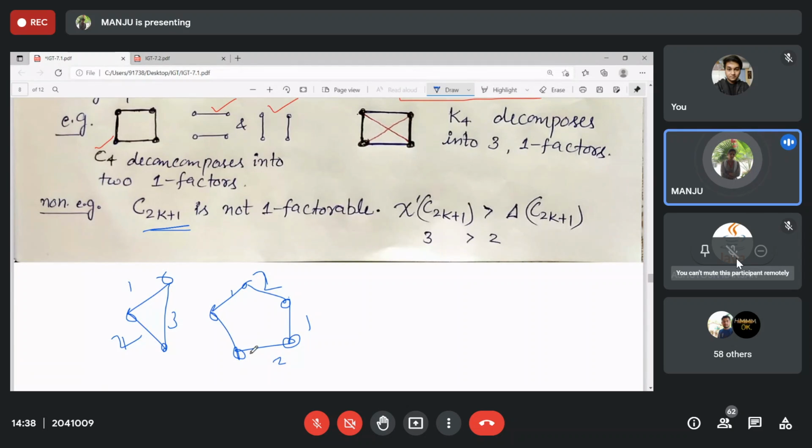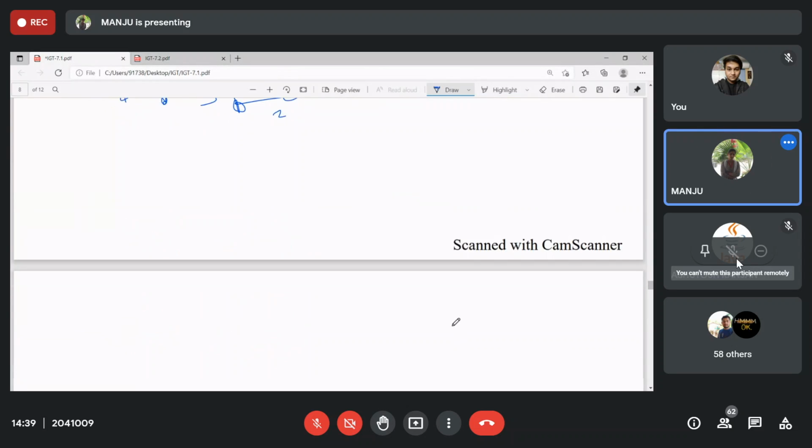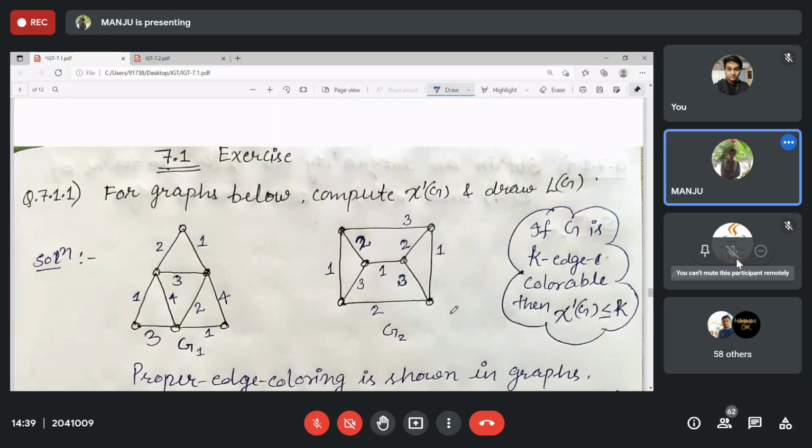Then you cannot use 1 and 2. You have to use 3. So here the chromatic index is equal to 3, right? And which is strictly greater than the degree. So this falls into which category? Class 2 category. Yeah, that's it.